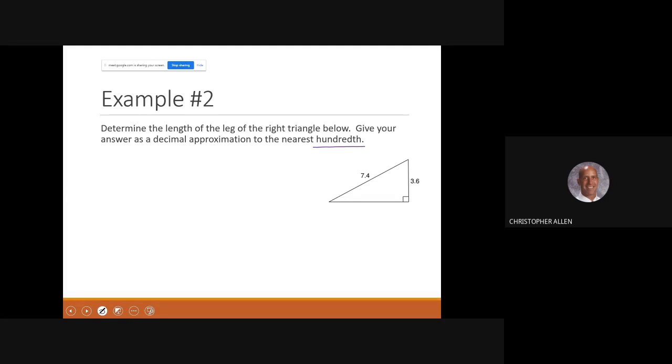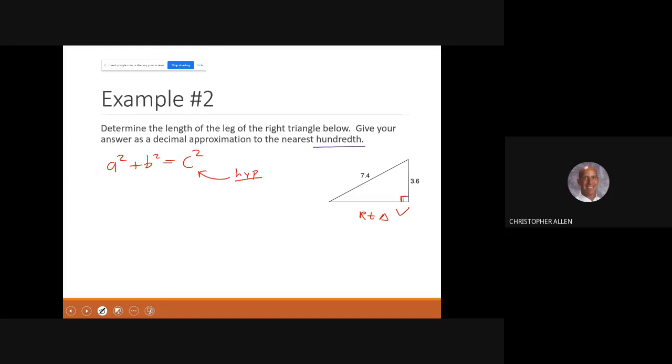All right, so remember, the first thing that you want to do on these problems is make sure that it is a right triangle. The Pythagorean theorem requires it to be a right triangle. This is a right triangle, so that's good. Now remember, since this is a right triangle, the formula is a squared plus b squared equals c squared, where c is the hypotenuse.